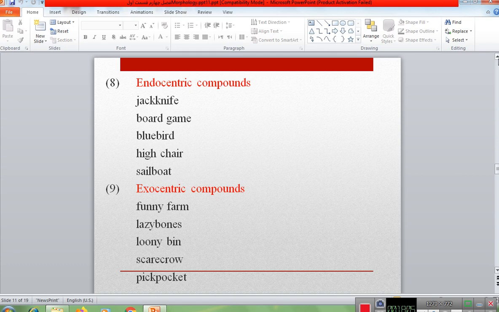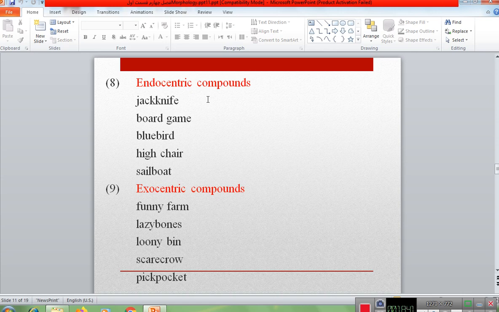Whether a compound is endocentric or exocentric is sometimes a matter of opinion. Look at these examples. Endocentric compounds: jackknife is a kind of knife, board game is a kind of game, bluebird is a kind of bird, high chair is a kind of chair, sailboat is a kind of boat. We call them endocentric compounds because we can determine the head of the compound here.